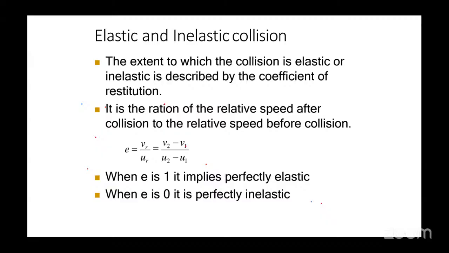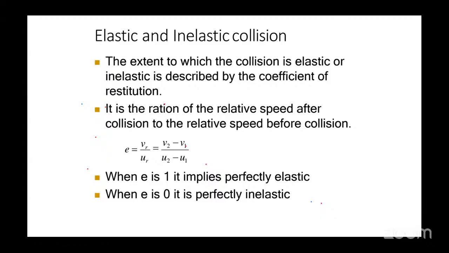Now, the extent to which the collision is elastic or inelastic is described by what we call the coefficient of restitution. The coefficient of restitution is the ratio of the relative speed after collision to the relative speed before collision. Remember, we have speed 1 and 2, initial, and speed 1 and 2, final.